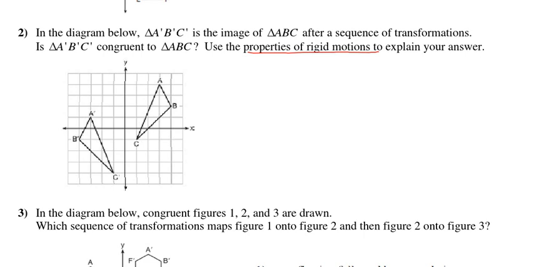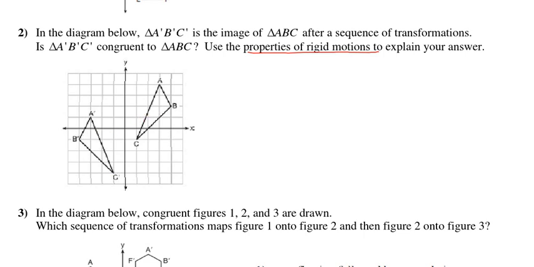So that means the length of the segments have been preserved. And you could see by the shape, which is the same, that the angles also have been preserved. So that means these are congruent and that there should be rigid motion.